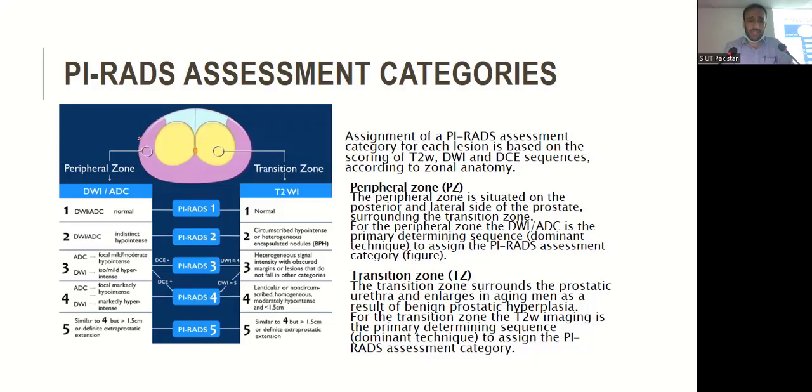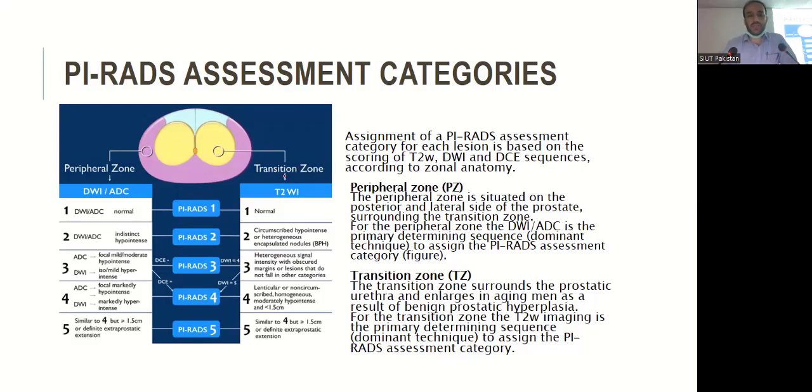In PI-RADS 4, a focal markedly hypointense area will be seen. And PI-RADS 5 is similar to 4, but more than 1.5 centimeter or with definite extra prostatic extension.